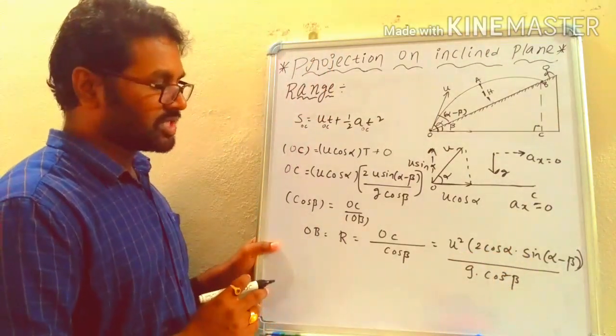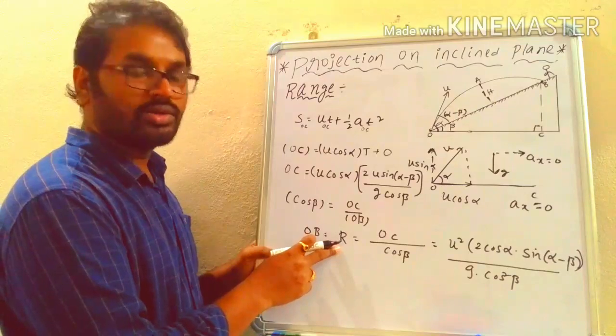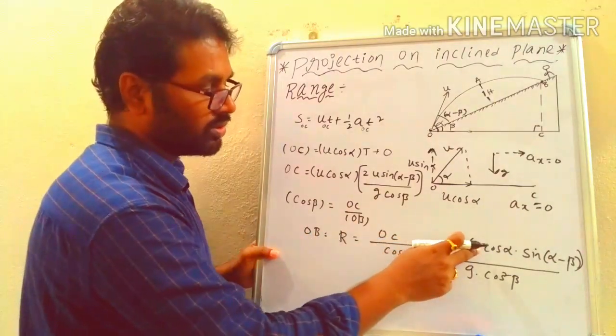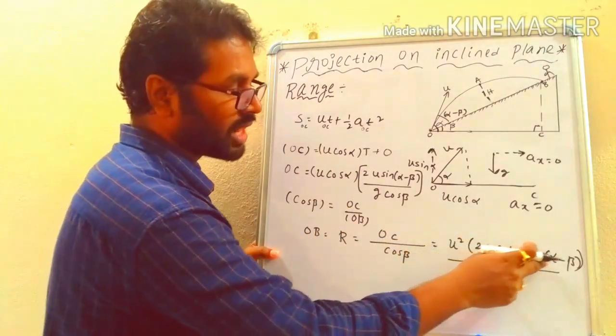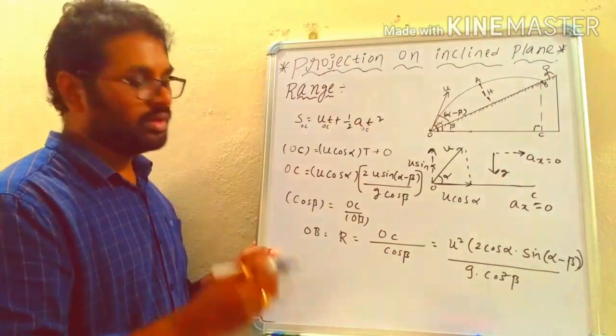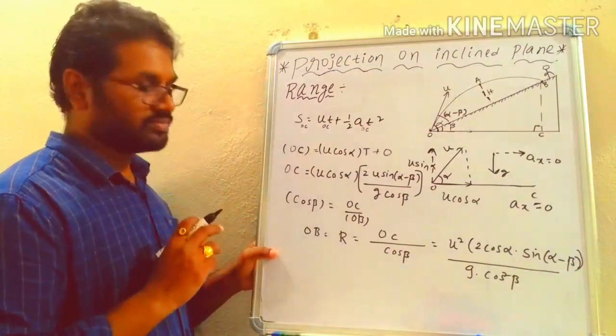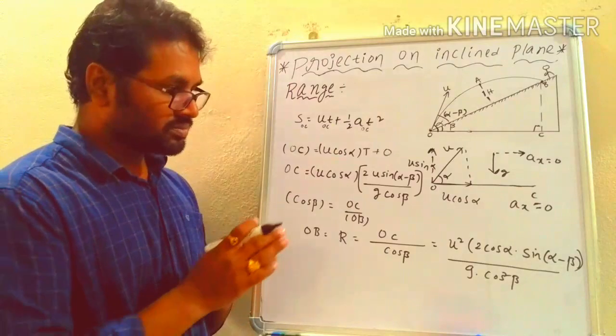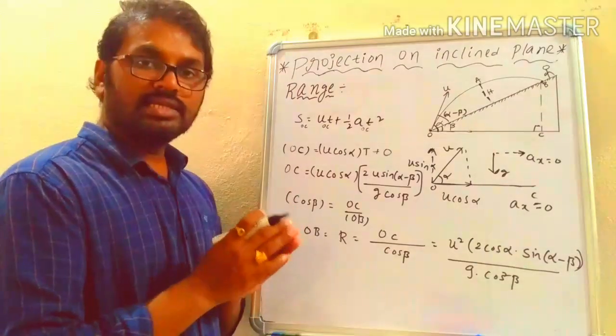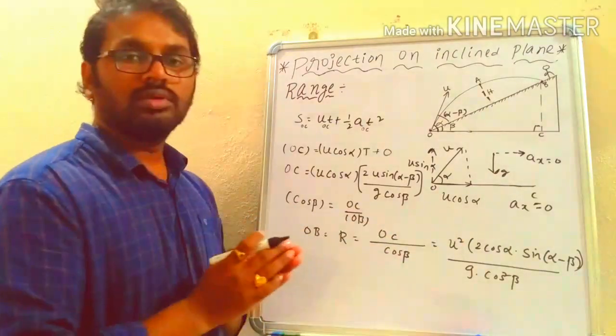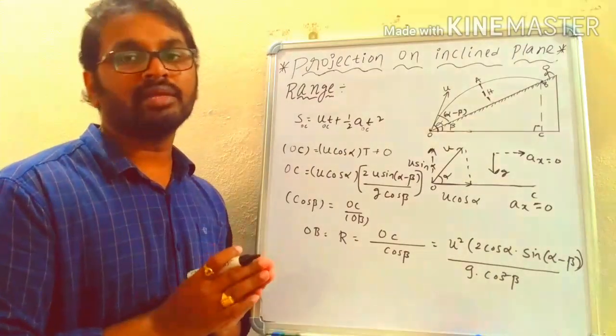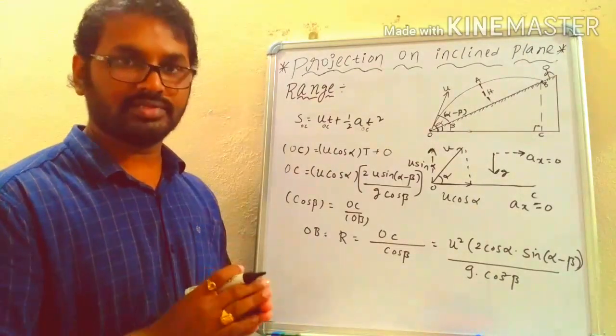So you got the expression: range is equal to U square into 2 cos alpha sin alpha minus beta divided by G into cos square beta. You see here, this is not the standard form to remember the equation or to find the maximum range in the latter case.